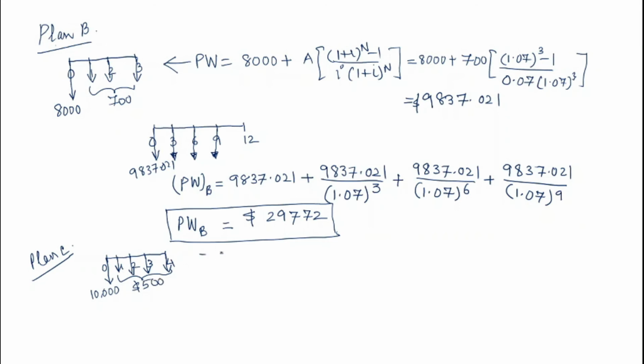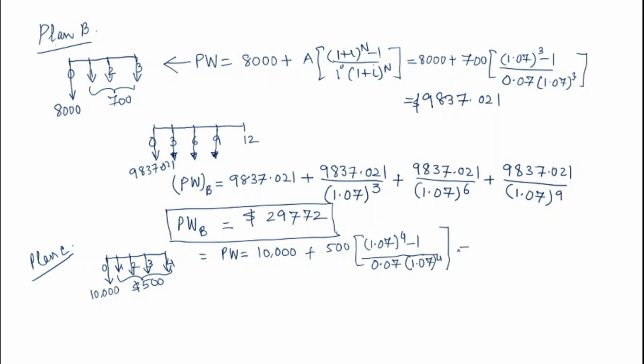If I compute the present worth of this, it will be 10,000 plus 500 times 1.07 to the power 4 minus 1 upon 0.07 times 1.07 to the power 4.